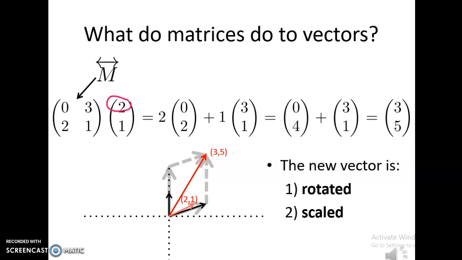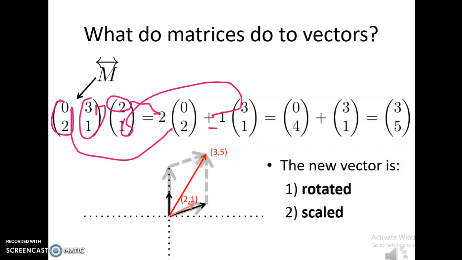Take 2 common with the column 0, 2, plus 1 times the column 3, 1. Then add: 0 plus 3 is 3, 4 plus 1 is 5.